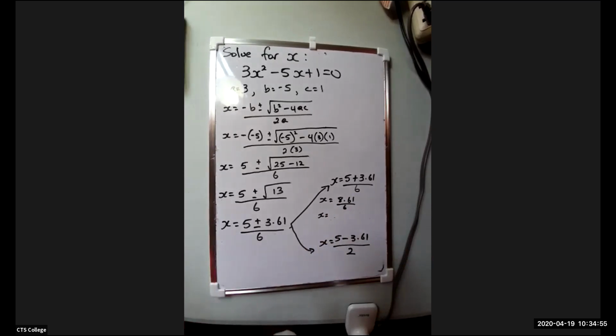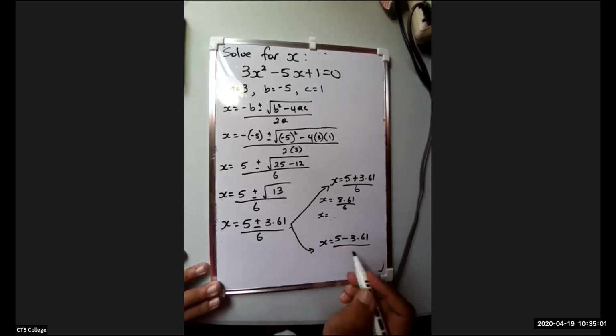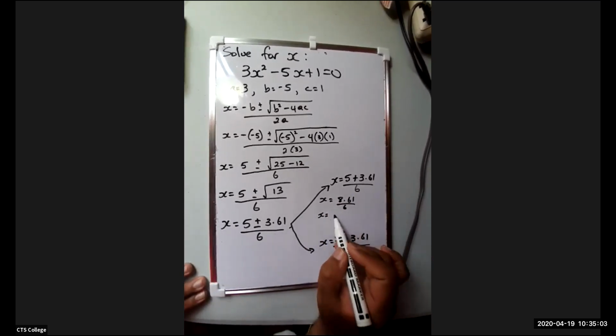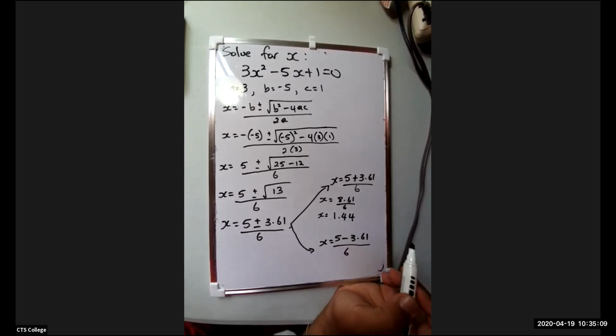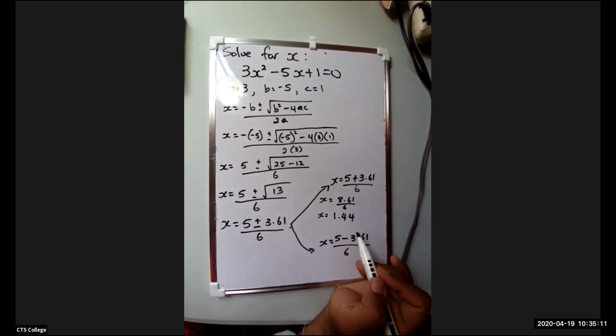So yeah, 8.61 divided by 6. And this will give us 1.44 or 1.4. I have the square root of 12 wrong. No, this is correct.